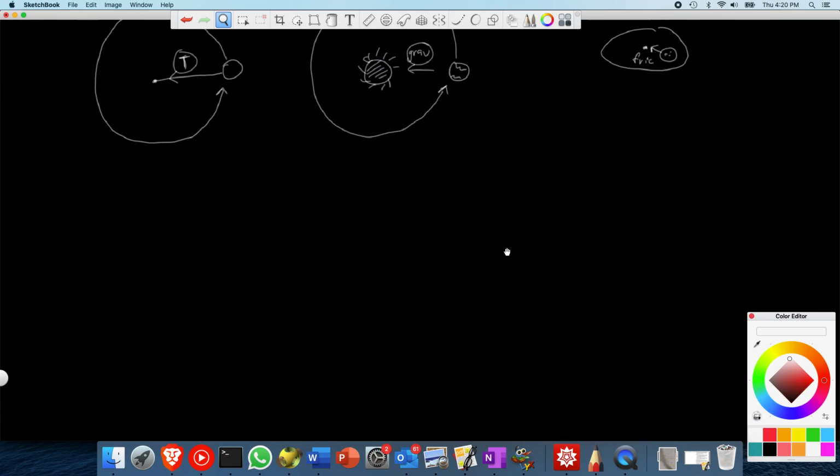So now that we have understood centripetal force, let's understand the concept of centrifugal force. Now I'll begin this explanation with an anecdote. You might have experienced before when you're sitting on a merry-go-round or a carousel that when you're spinning, you feel like there's some force that's pushing you away from the center of the carousel, right?